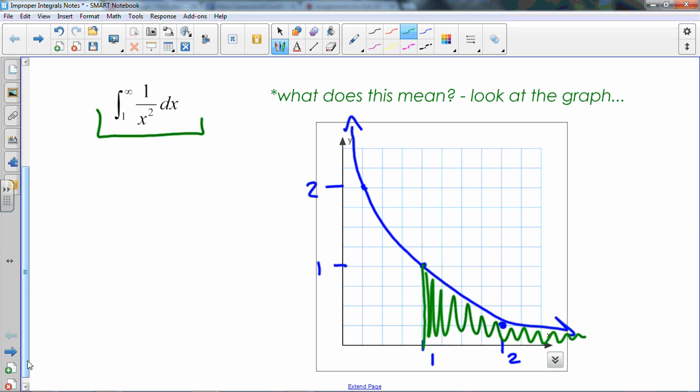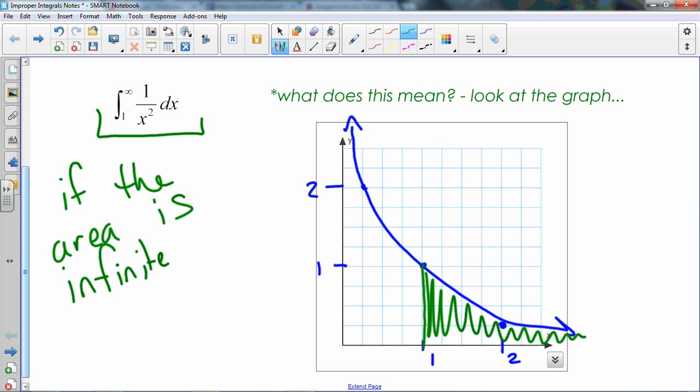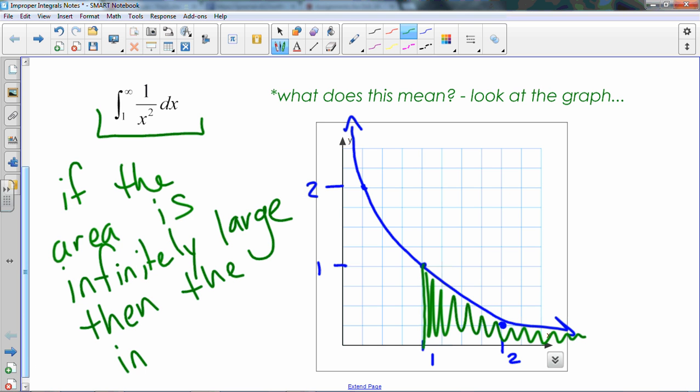To figure out the answer, we have to do a couple steps in the middle, but first I need you to know a little bit of terminology that we're going to use a whole lot second semester. If the area is infinitely large, then we say that the integral is divergent.